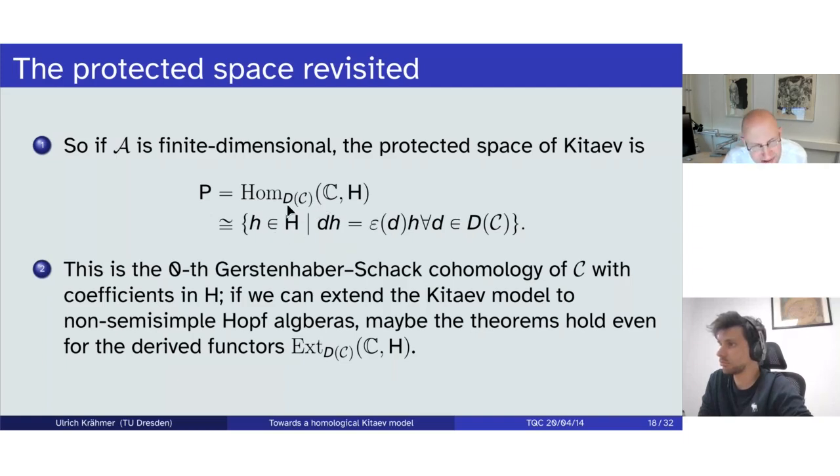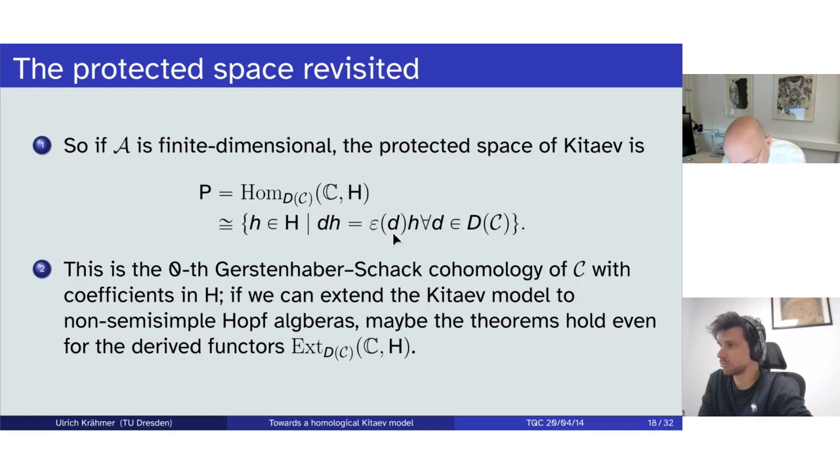And then the protected space is simply all the elements in my big Hilbert space where all the elements of the Drinfeld double of C act by the counit of that Drinfeld double. And this is how I would think of the protected space.